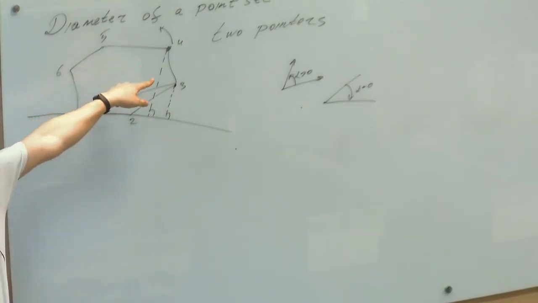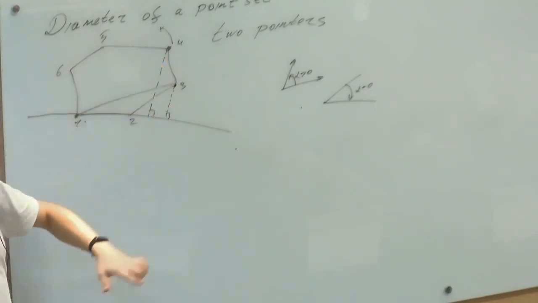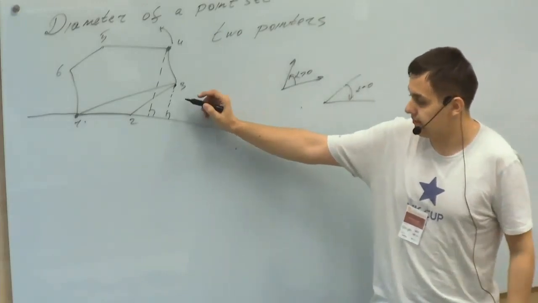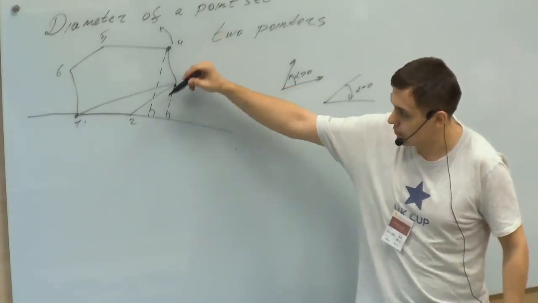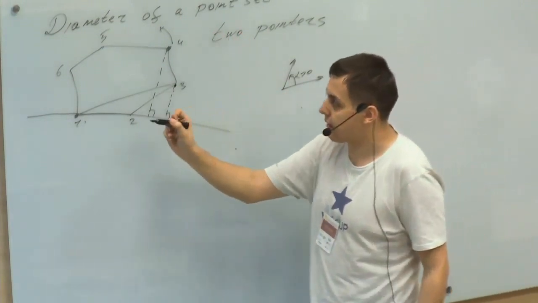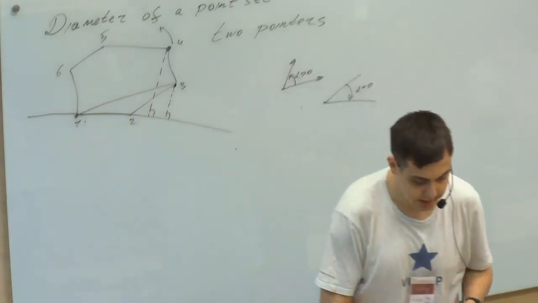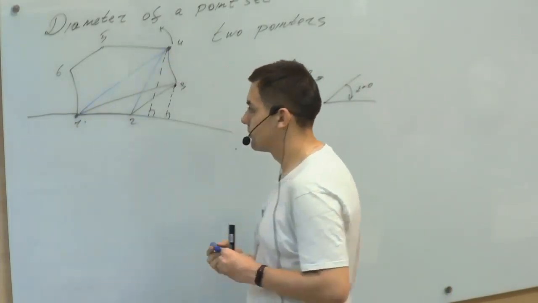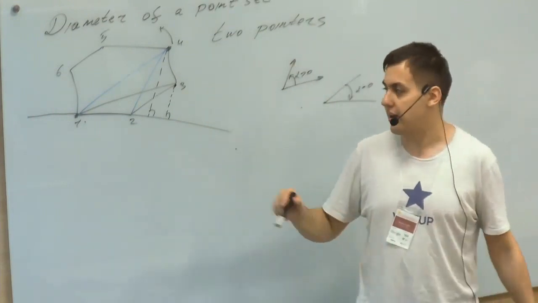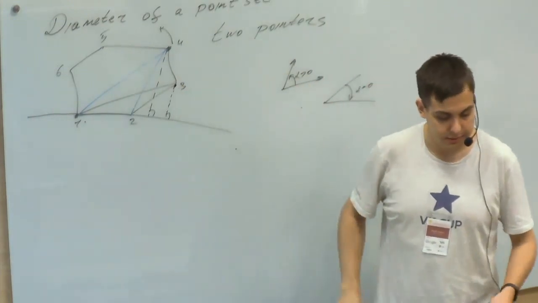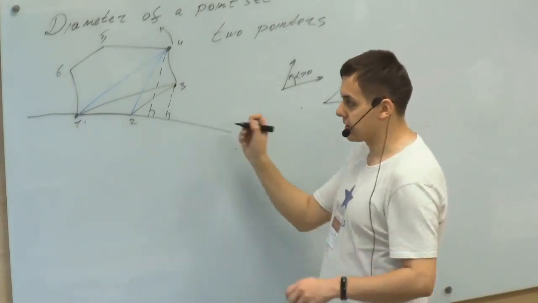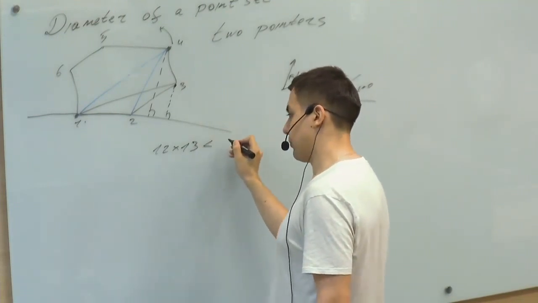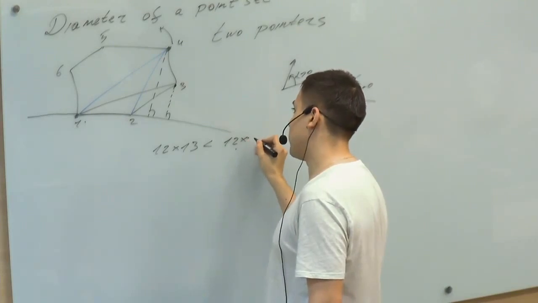We have the same base here. So to compare heights, we can just compare the areas of this triangle and this one. So we calculate the area of this triangle and this triangle. This is just a vector product, 1, 2 times 1, 3. It will be less than 1, 2 times 1, 4.